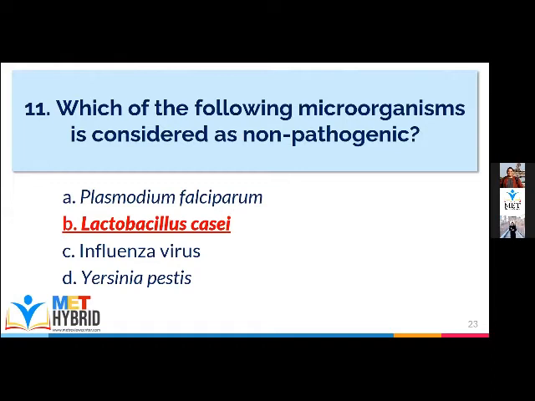Yes, Angelique, tama po. Plasmodium causes malaria. You have 4 species of Plasmodium, if I'm not mistaken: Plasmodium falciparum, vivax, ovale, and malariae. All of these microorganisms cause malaria. And malaria is a mosquito-borne disease. So your vector there is a mosquito.